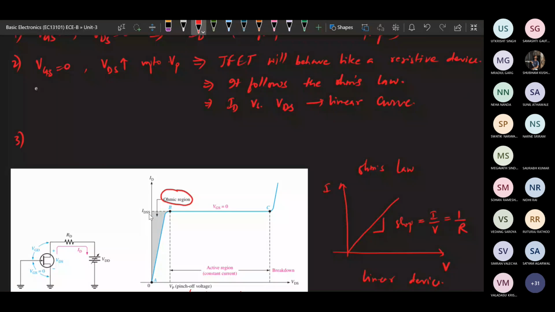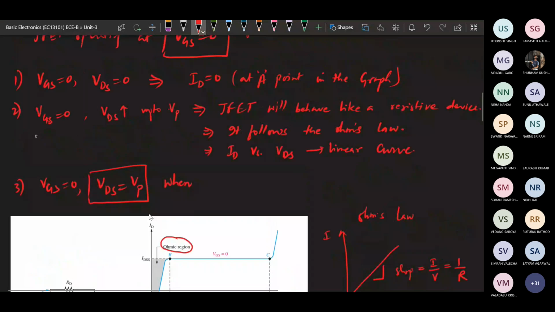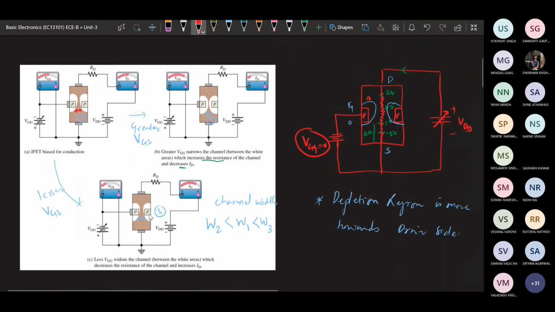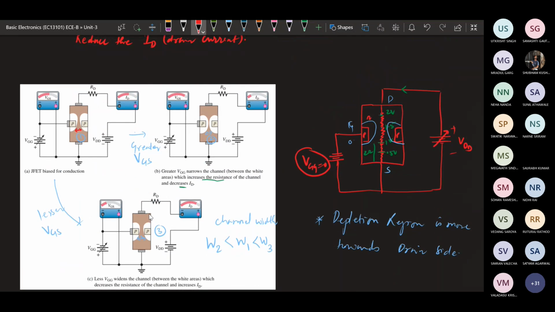So this is the case where VGS is equal to 0 and VDS is equal to VP. This is the pinch off point. We have seen in the previous slide, as we increase the gate voltage, the depletion region is going to increase.